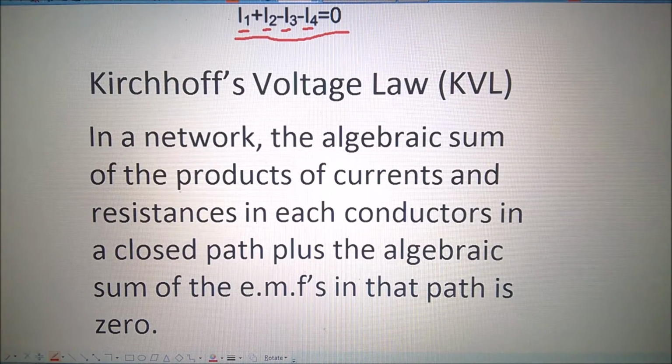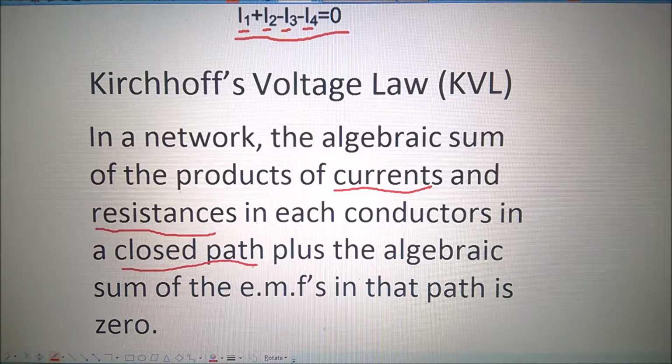First, you can see the algebraic sum of the products of current and resistances in each conductor in a closed path.